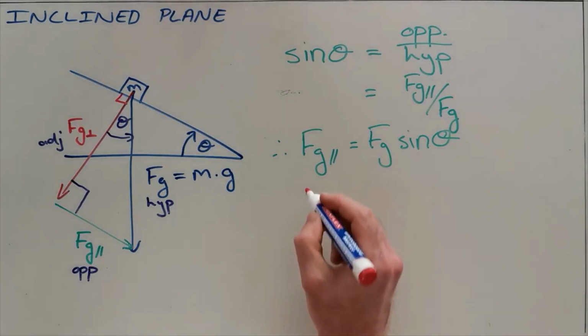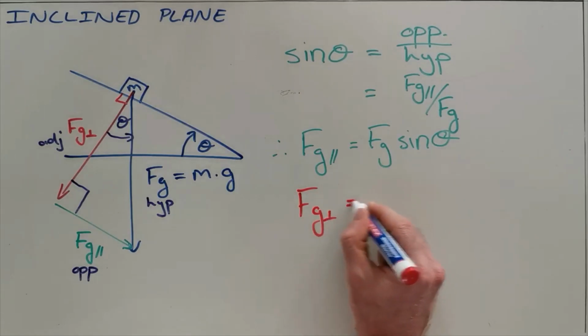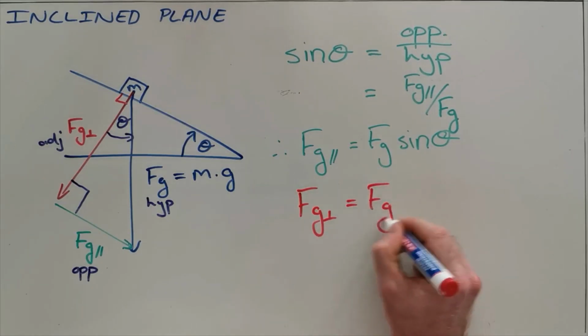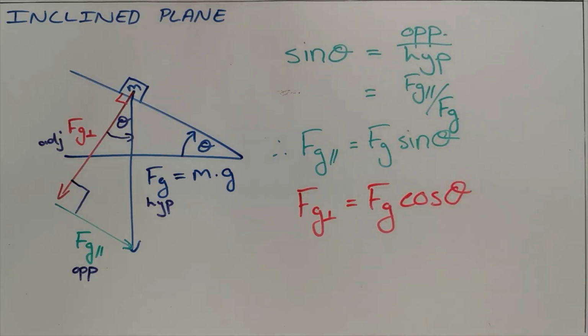Similarly, we can do a calculation to find that the perpendicular component of the gravitational force is always equal to Fg cos of theta.